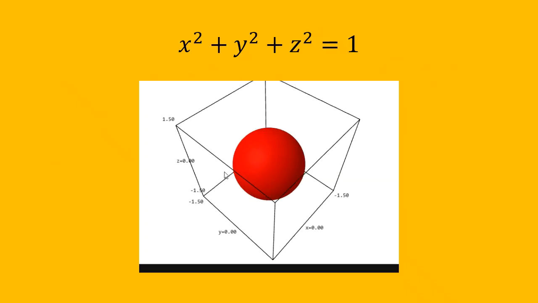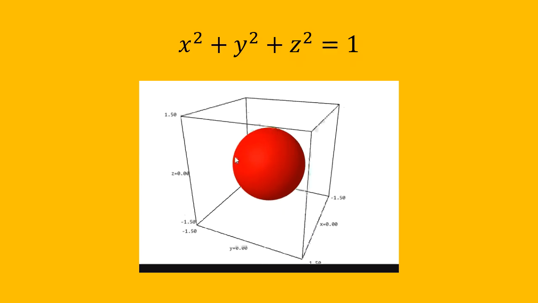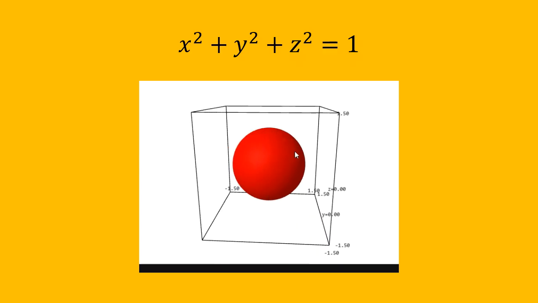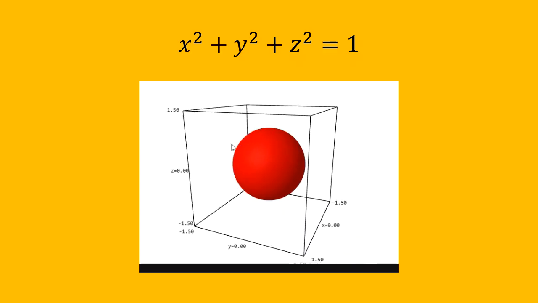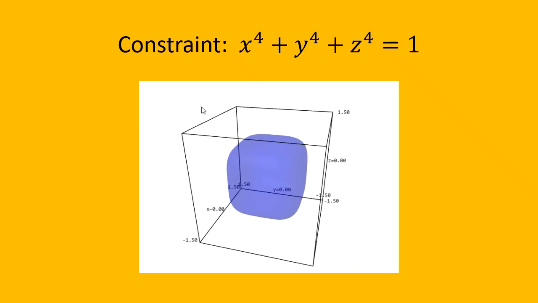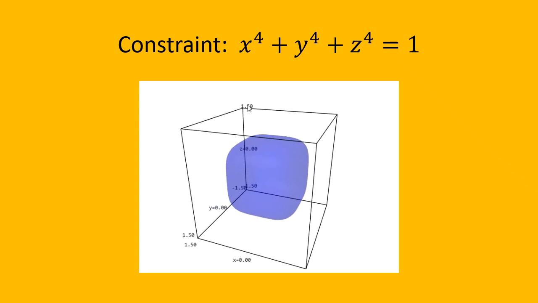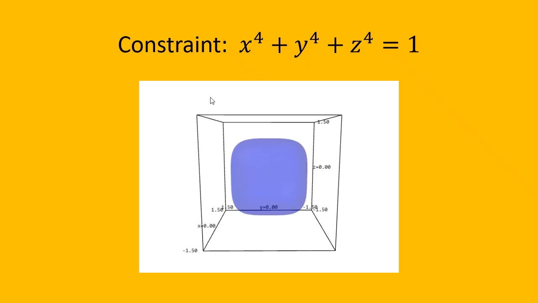And here is the surface x squared plus y squared plus z squared equals 1. It is a sphere of radius 1 centered at the origin. Here is the surface x to the 4th plus y to the 4th plus z to the 4th equals 1.